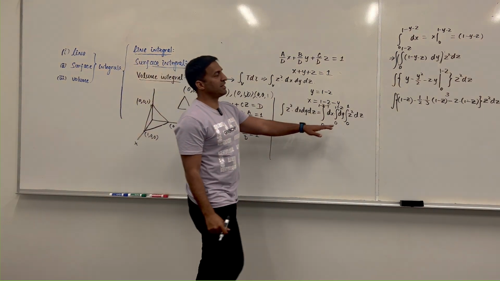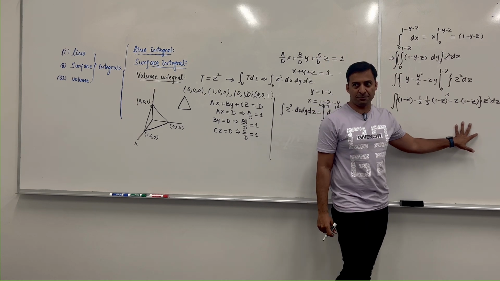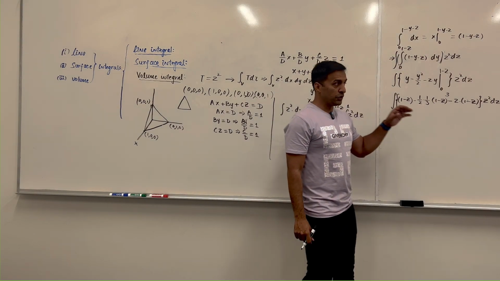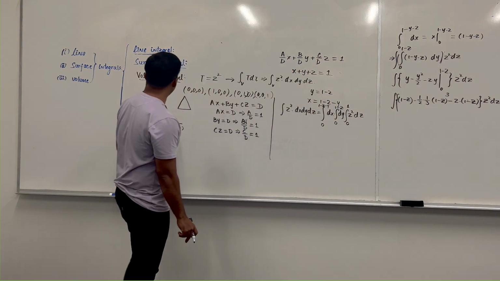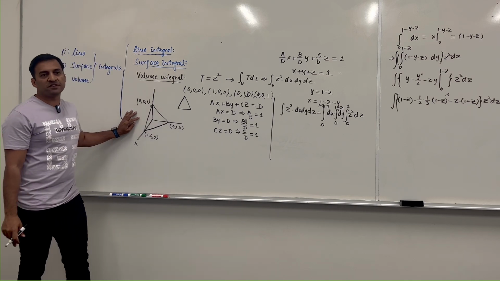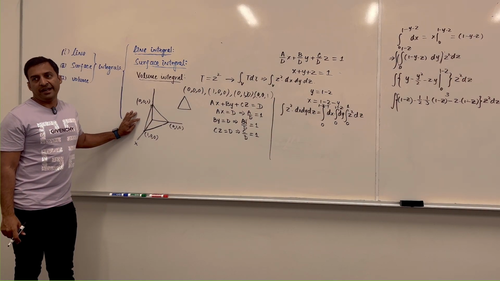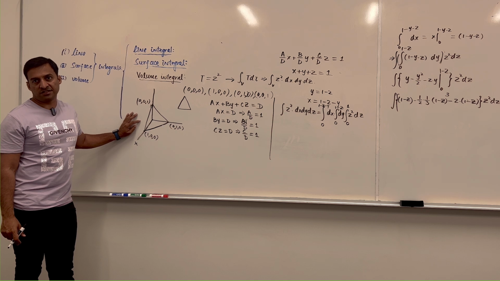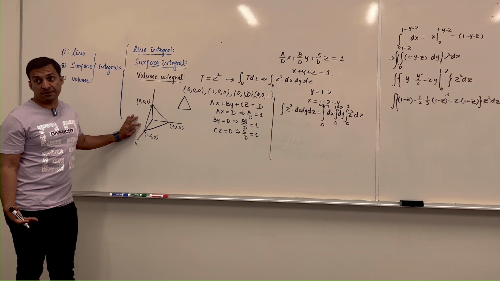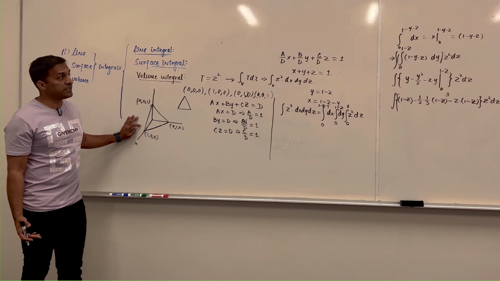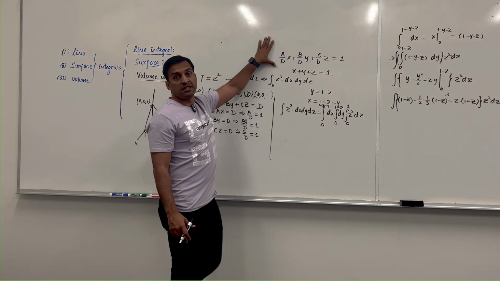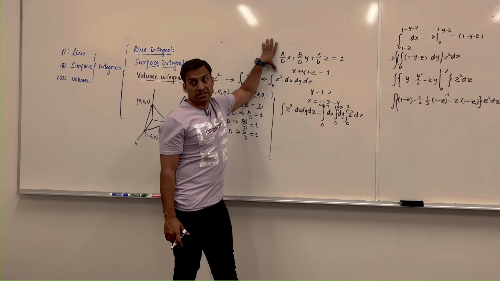This is just a sum of a couple of terms, you can solve it, but let me recap. We had this configuration, and the problem was that x, y and z were all dependent upon each other, just like the line integral, which means you needed to know how they depend upon each other. That means you needed to know the equation of the plane, this general form of the equation.